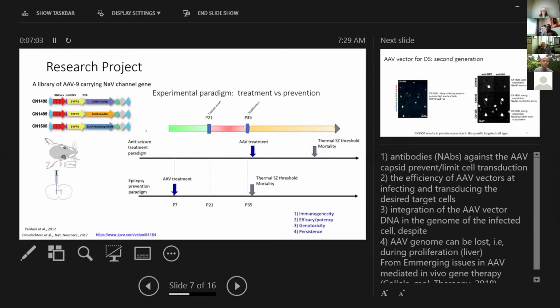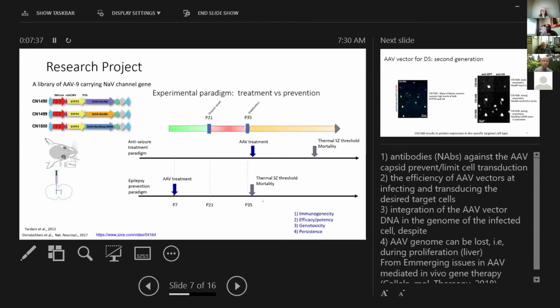So in the first paradigm, we'll study whether our treatment can stop the seizures, and this will be treating the mice following the appearance of the disease. And in a second paradigm, we'll treat even before the disease appears, and test whether we can prevent epileptogenesis. This will be by treating the mice anywhere before the P21 age.